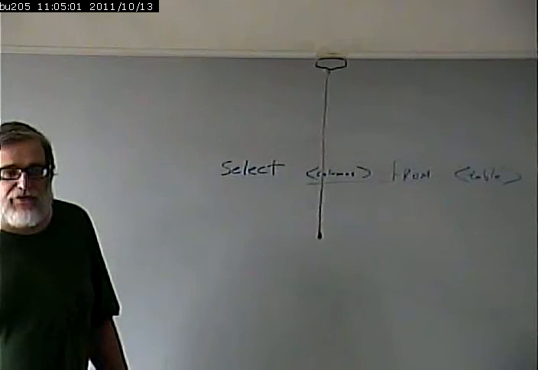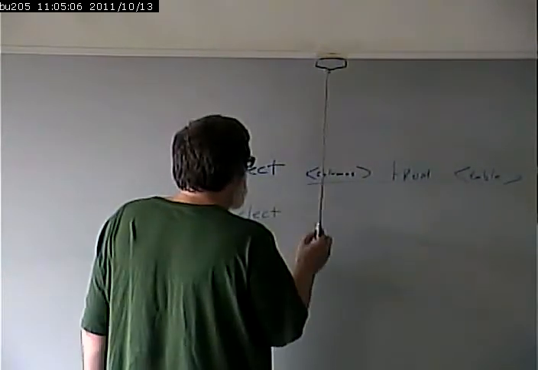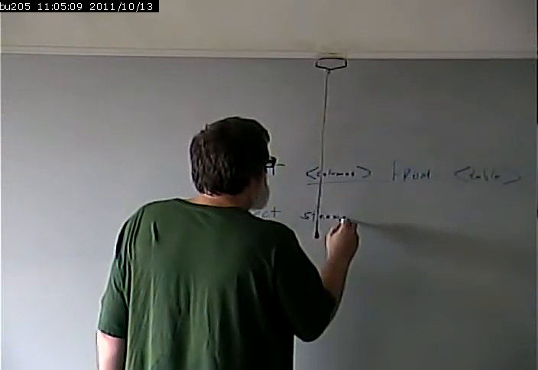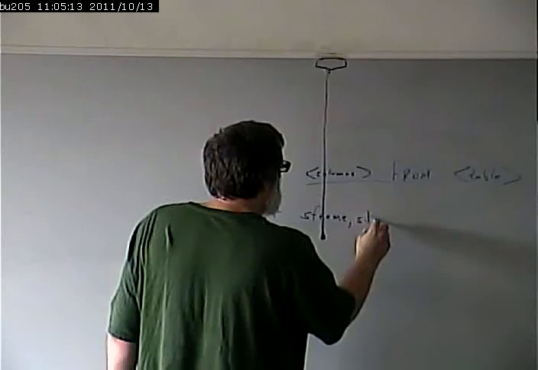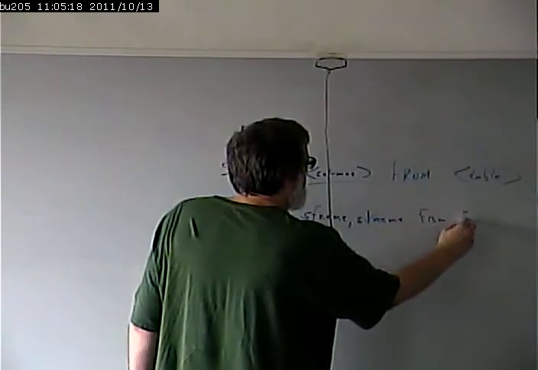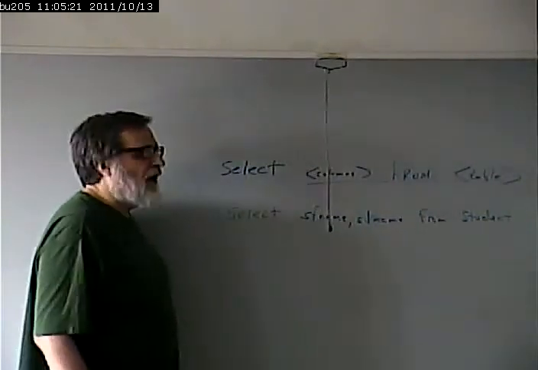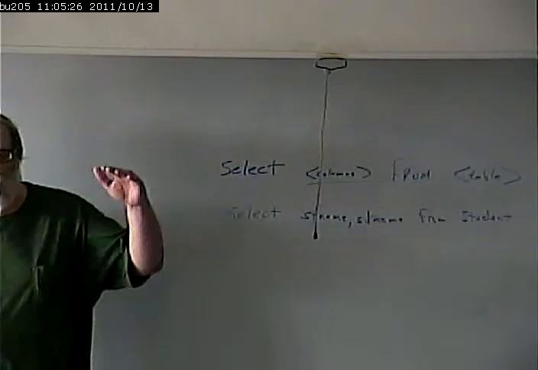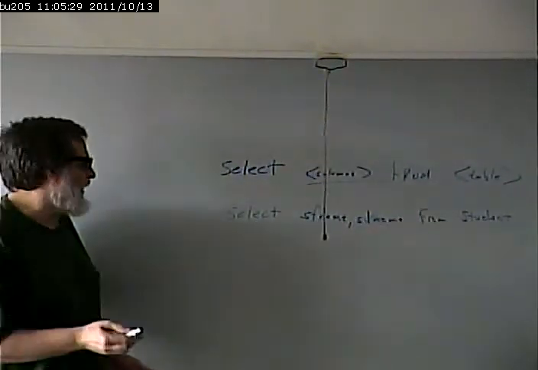So, in our school example, select student first name, student last name from student. And what's that going to give you? That's going to give you a listing of all the students' first name and last name in a table.